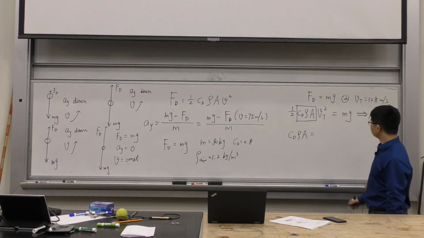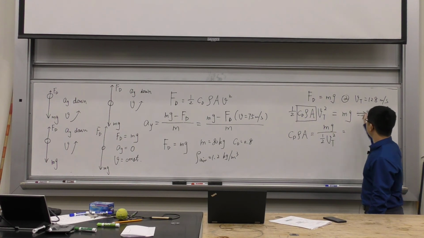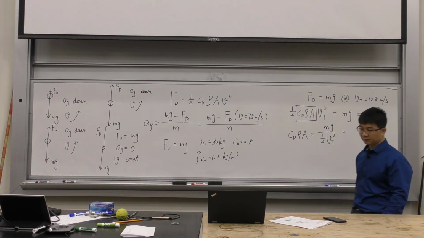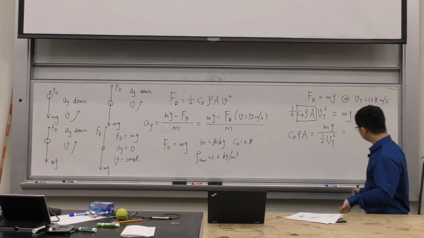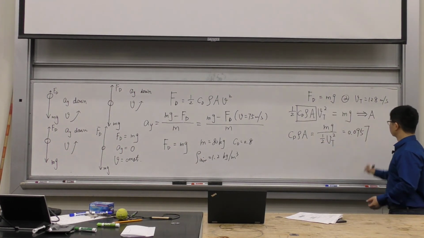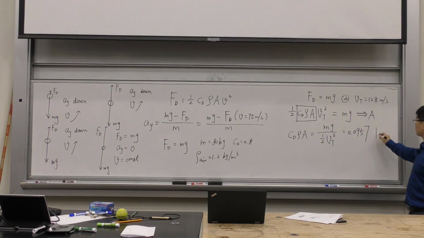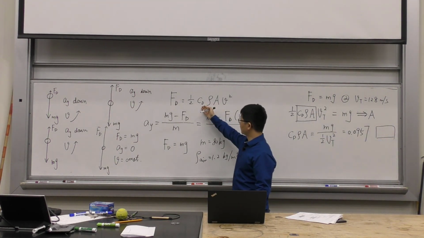All right, so CD rho A in this case, I'm just going to do mg divided by 1/2 VT squared. Now I have all these numbers, plug them in. What is the CD rho A? CD rho A I got is this. Whatever the unit is, it has some unit, okay? I don't need to worry about it. It's going to be in SI units. Now I'm going to use this to find the air drag at 75 meters per second.